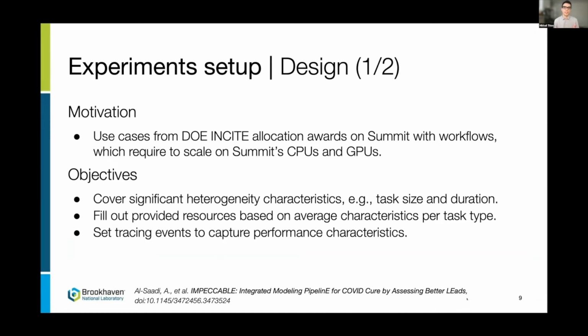We didn't try to fit exactly all available slots in the provided nodes, but we did it on average. We used average characteristics per task type to bring some randomness into this. And of course, it was important to set up correct tracing events to capture all those performance characteristics.